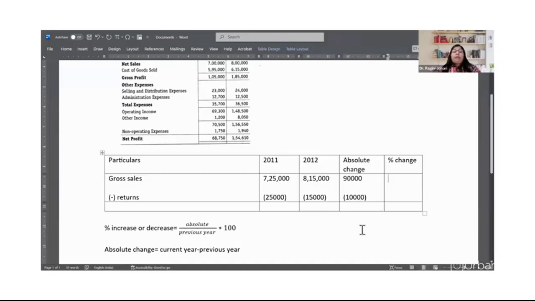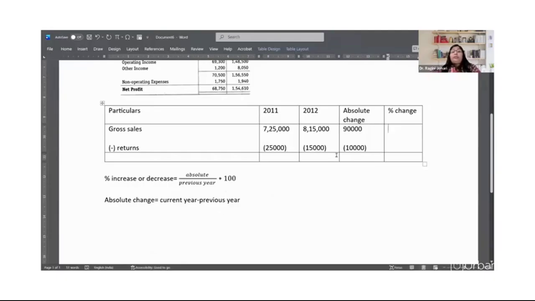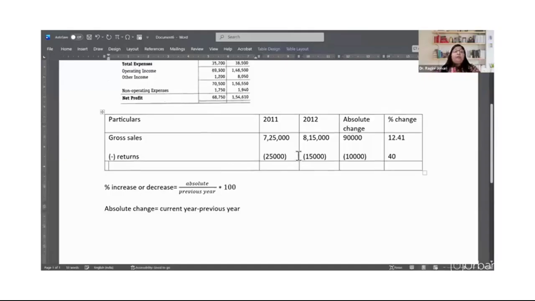Now let's find the percentage change. Percentage change is absolute change divided by the previous year data multiplied by 100. If we do this calculation for the first head, we get 12.41. And for returns, 10,000 upon 25,000 into 100 makes it 40. This is how we have done.